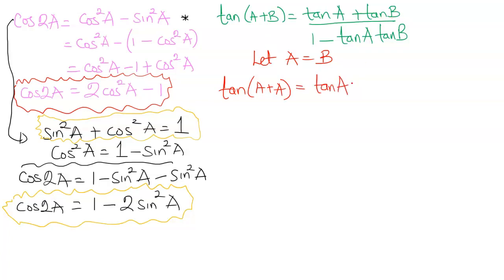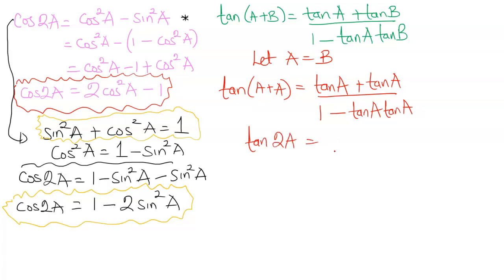So in place of B, I would have A. So that's tan A plus tan A divided by 1 minus tan A. Instead of tan B, I would have tan A because A is equal to B. The left side becomes tan 2A because A plus A is 2A.